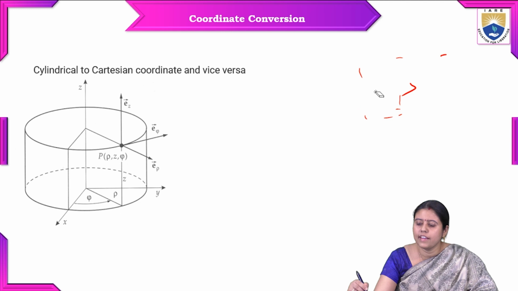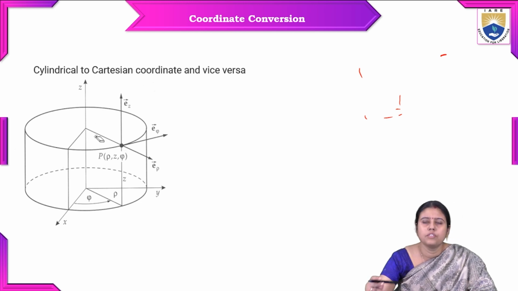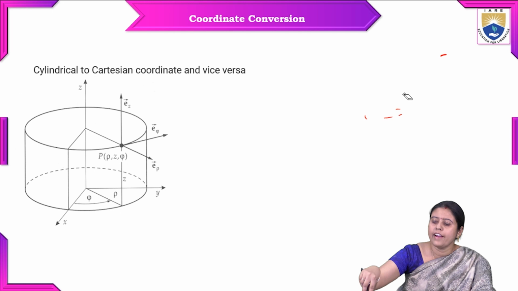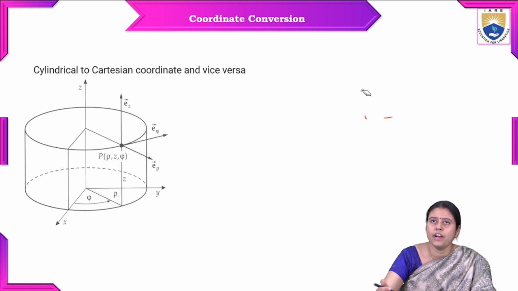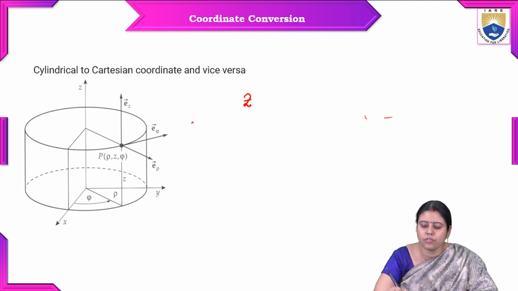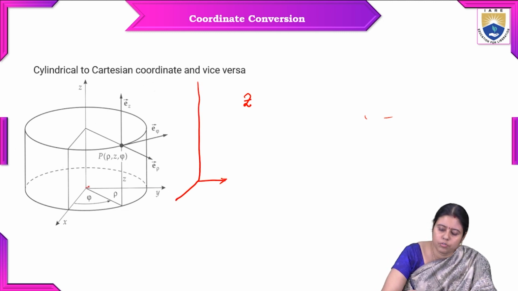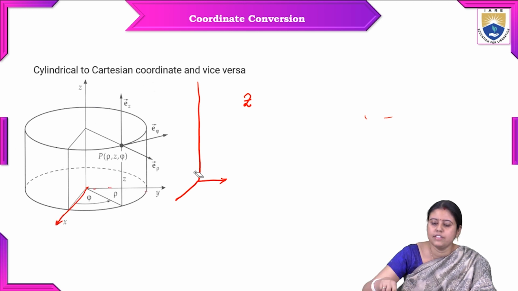You can see in this figure a cylindrical coil whose height is z and whose radius is rho, with rho, phi, z. If we compare it with the xyz axes, here you can see this is our x-axis, this is our y-axis, and this is our z-axis.